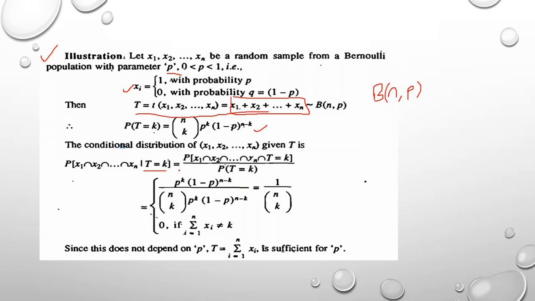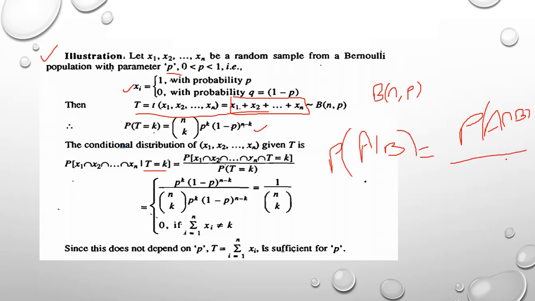We all know that the conditional probability of a given b is the probability of a intersection b divided by the probability of b, when they are not independent. If they are independent, we get the probability of a only. This is the formula for the probability of a given b, and you can just apply it.